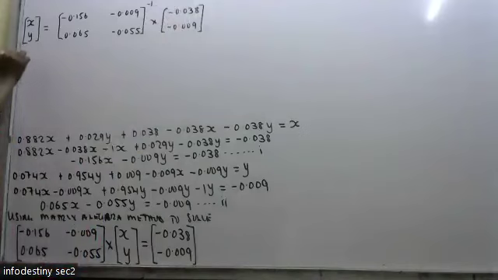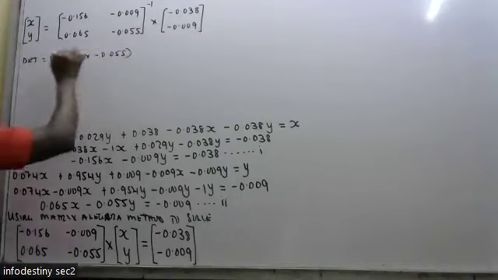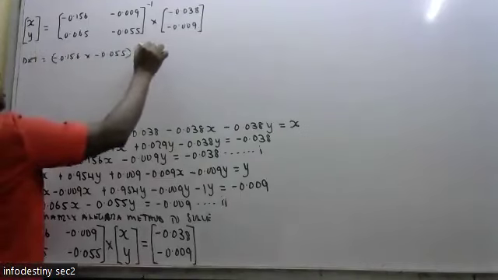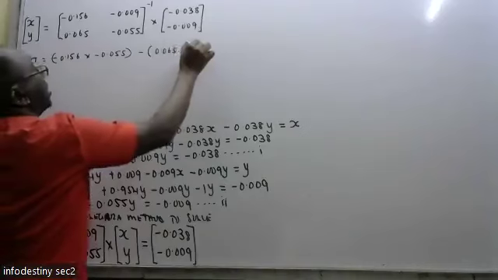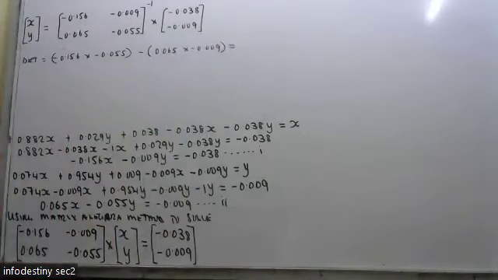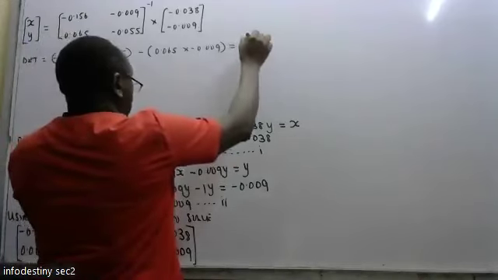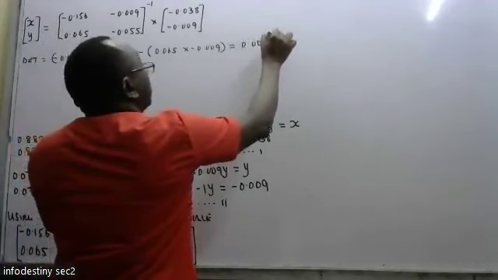I told you you get the determinant. The determinant is minus 0.156 times minus 0.055 minus 0.065 times minus 0.009, which is equal to 0.009165.